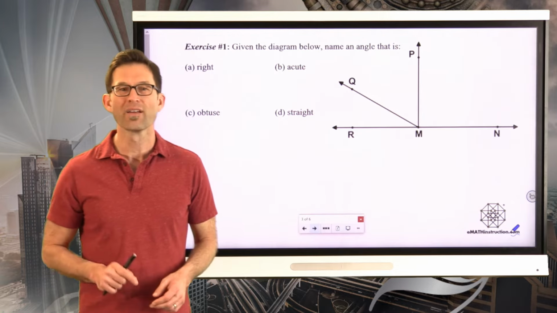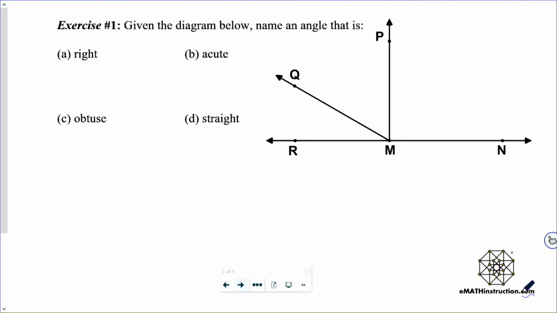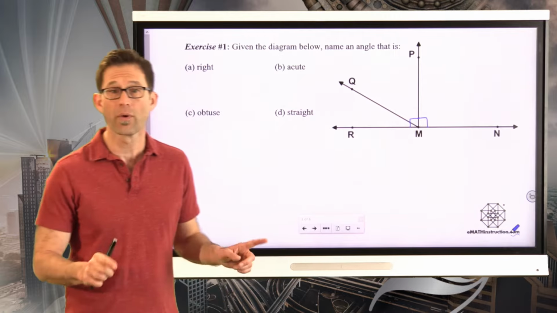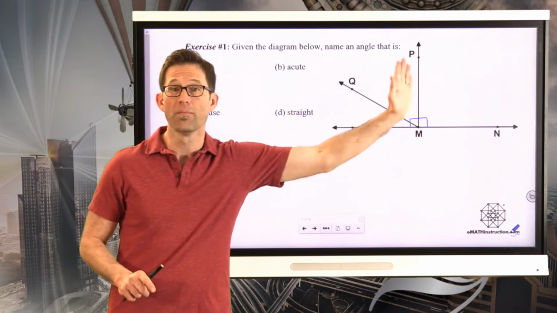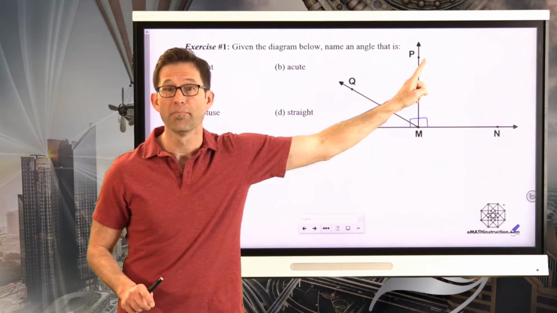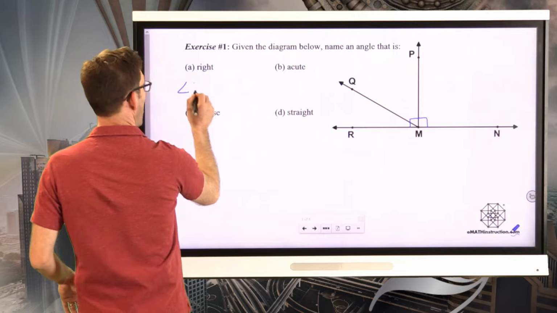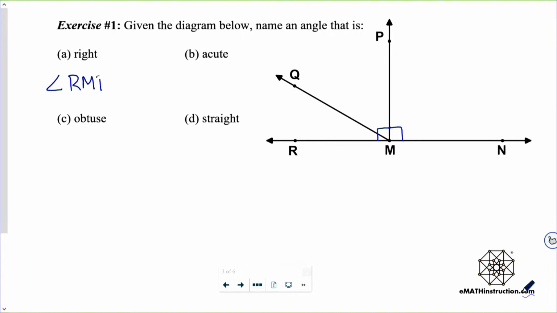All right, right angles are shown with a special symbol in mathematics, and it basically is a little square. There's a right angle there, and there's also a right angle here. So you could have named the one that it would take to rotate ray MR up to ray MP, or vice versa, and that would be angle RMP.